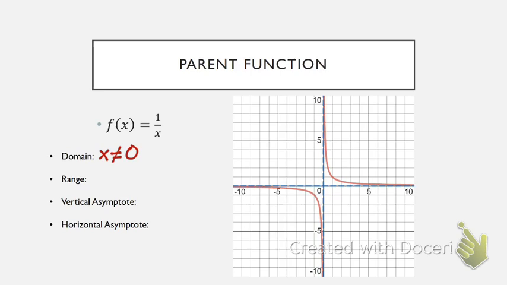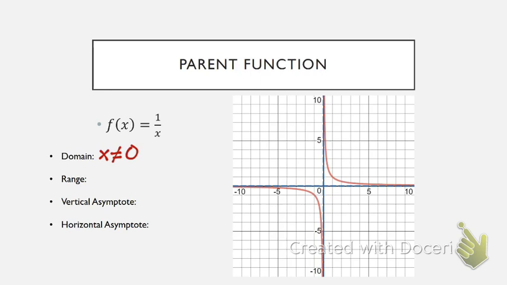So we just talked about we cannot divide by 0. If 0 cannot happen as an x value, then we will not have an x value of 0 on the graph.